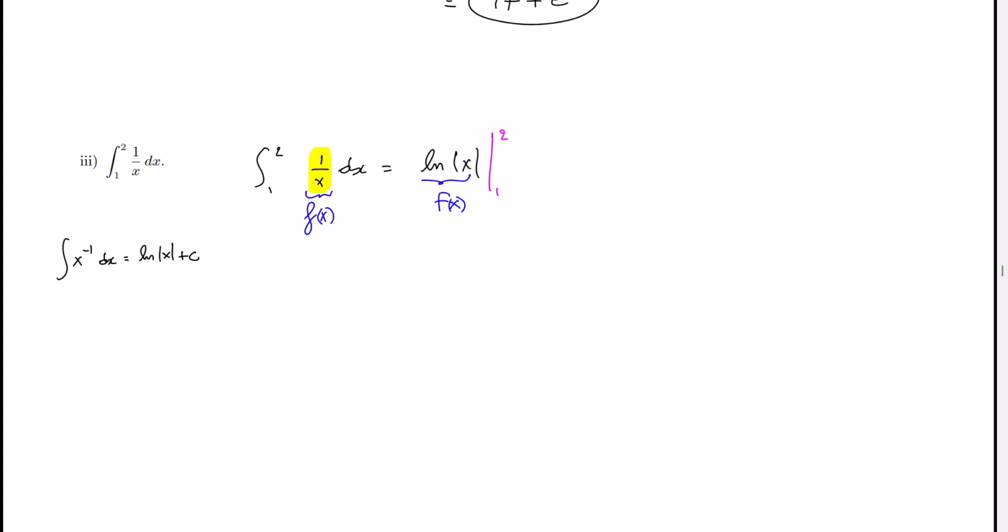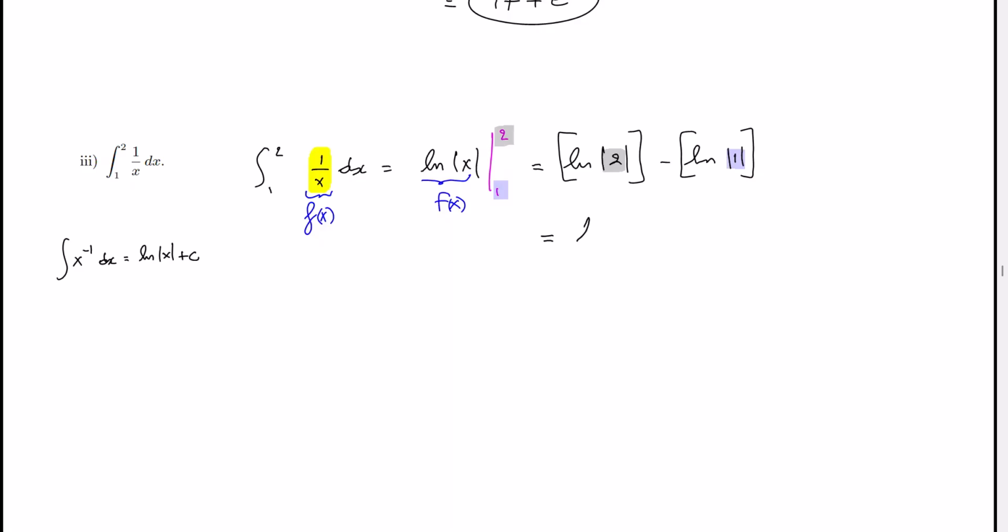There's nothing to simplify here, so I'm just going to write down the answer. ln of 2 is the upper bound value, and then ln of 1 is what I get from plugging in the lower bound. The upper bound was 2, so it goes in first in all the places where I see an x, and 1 is the lower bound, so it goes into all the places where we had an x.